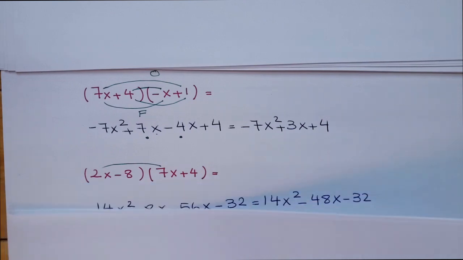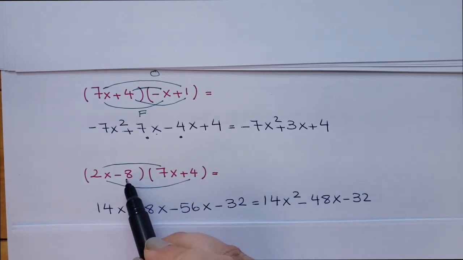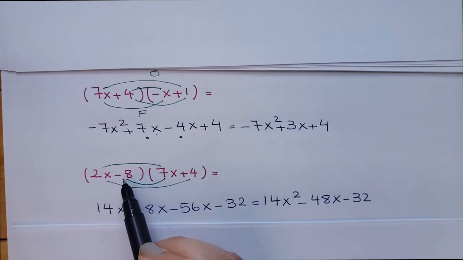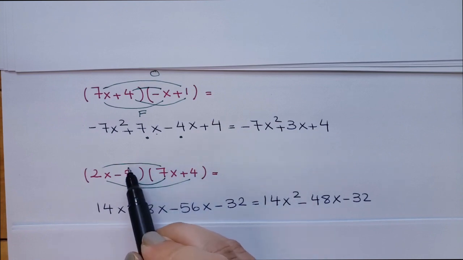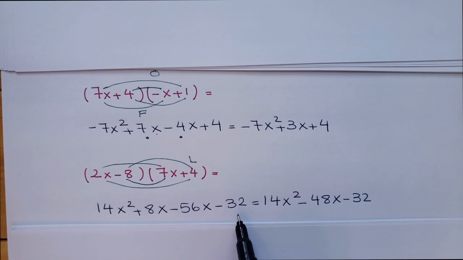So it will turn out to 14x squared. The second one would be 2x times 4, which ends up to 8x. Then negative 8 multiplied by 7x, which is negative 56x. And then negative 8 multiplied by 4, which is the last one, negative 32.